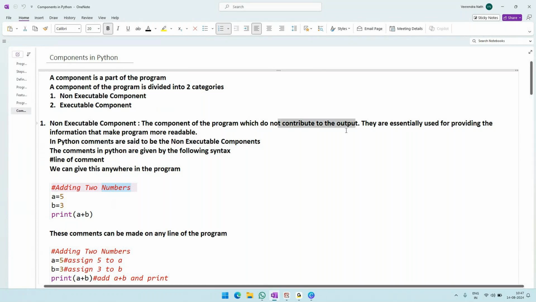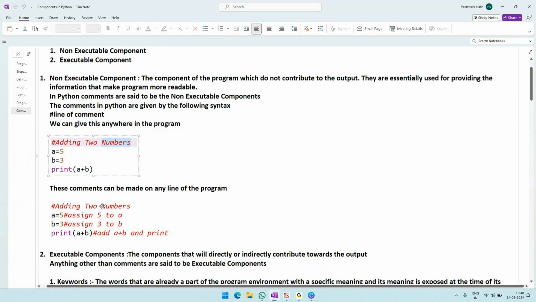They are literally for giving some information, and they are useful for making the program more readable.